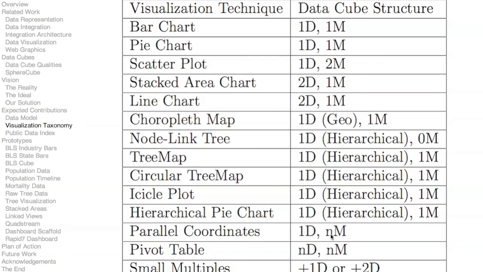Is that what I understand? Yes, that's right. The idea is that as soon as a data set is imported into this structure, then all of these visualizations, or at least the ones that match the data cube structure of that particular data set, will be available for use.